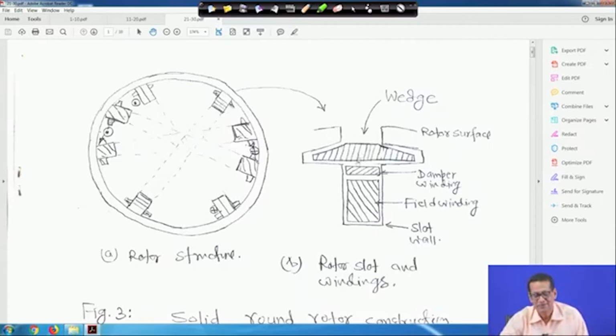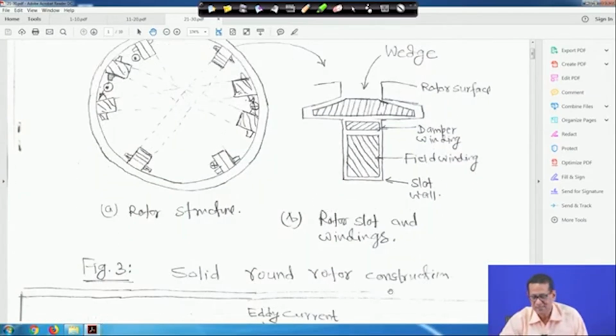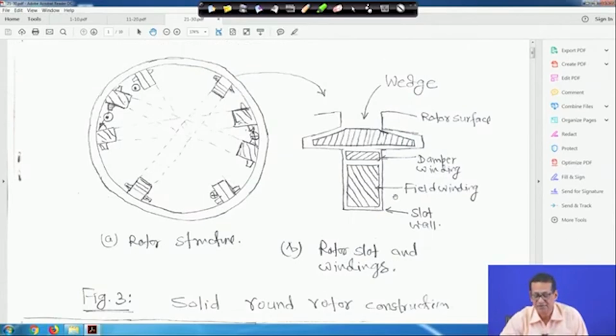This is the rotor surface, this is your damper winding, this is your field winding, this is the slot wall, right, this is rotor slot and winding. It is a full schematic one, showing rotor surface, damper winding, field winding and slot. So this is solid round rotor construction, that is for thermal power plants or gas turbines, a cylindrical rotor, right.